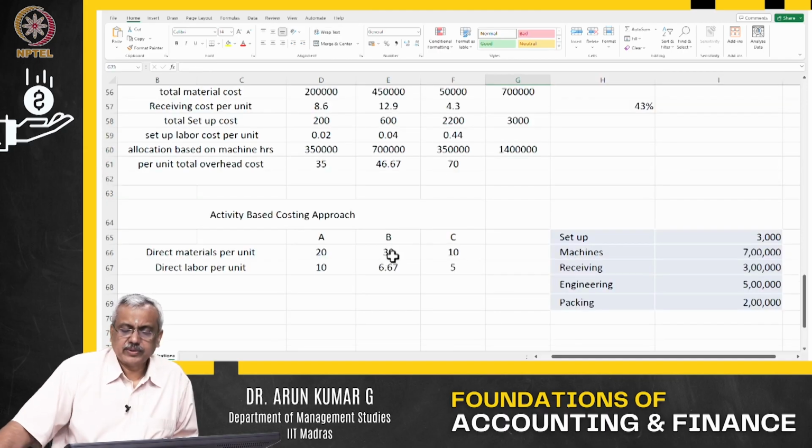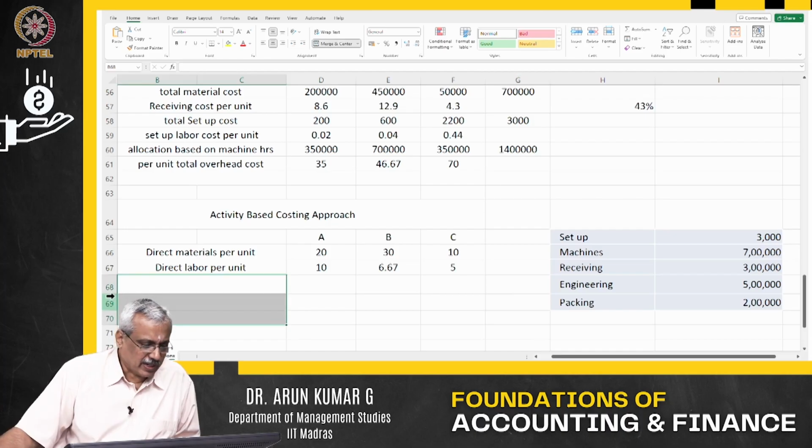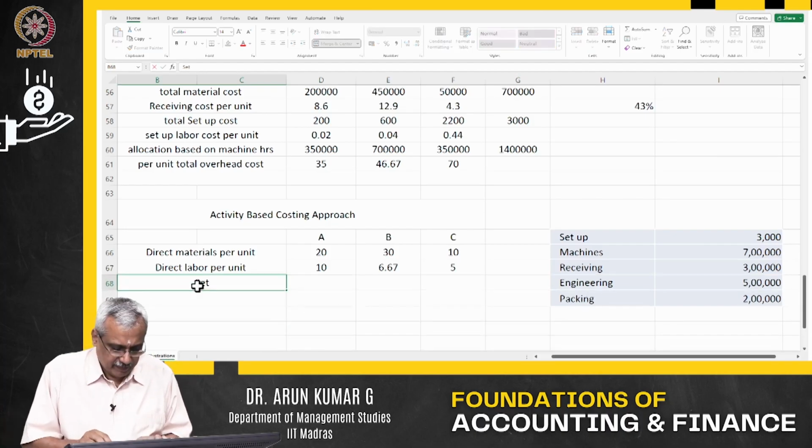Let us look at pasting it here. We have just pasted it. Now we have to look at these overheads one by one. Let us first start with what is called setup labor, setup.